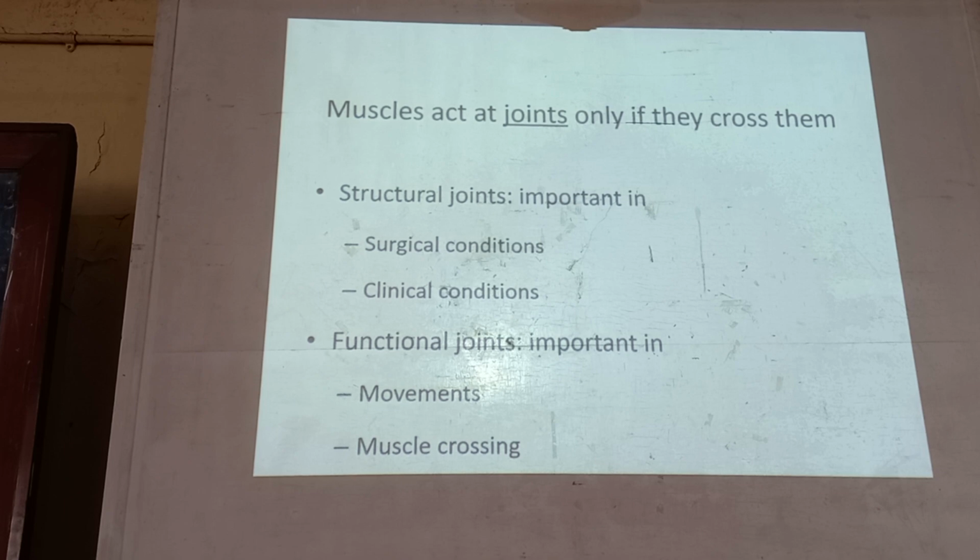So if I ask you, how many synovial radio-ulnar joints are there in the human body? Options are 1, 2, 3 or 4. How many synovial radio-ulnar joints are there in the human body? You always like MCQs, huh?